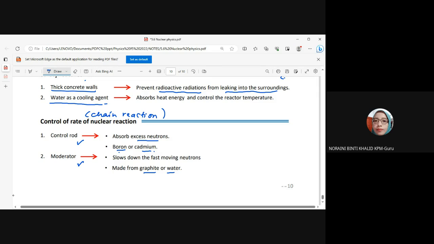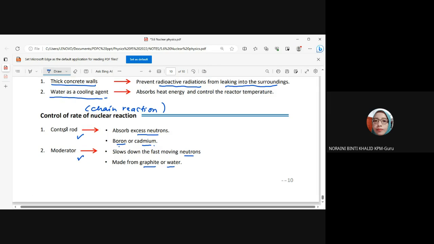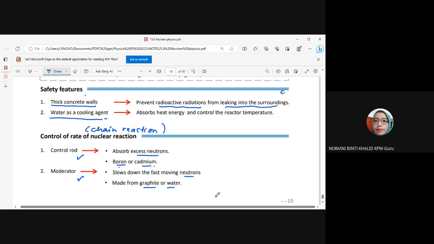Okay, kalau dia fast moving dia tak boleh nak bombard, mungkin dia pergi tempat lain. Jadi slow moving neutron akan bombard the uranium untuk fission process. So we need to slow down the fast moving neutron. Ini ialah graphite atau water. Jadi kita ada dua jenis control rod dengan moderator. Okay, jadi kena faham function.